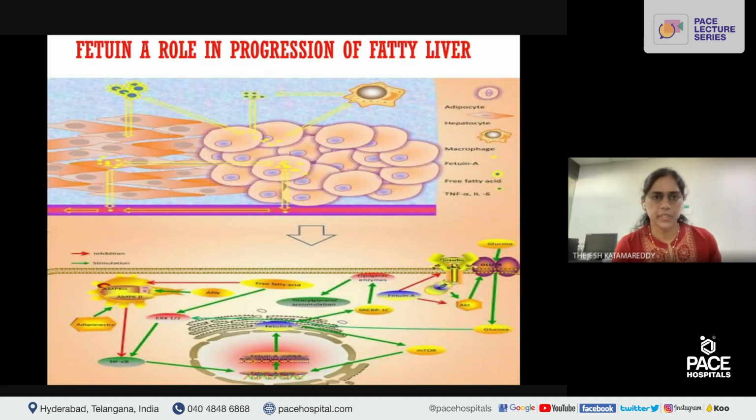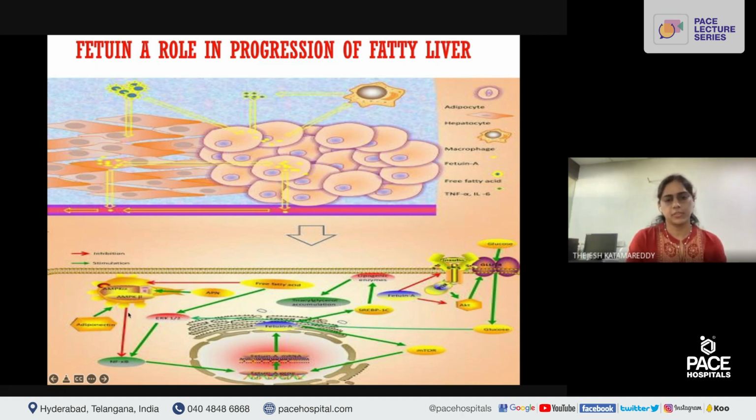Then, how is fetuin A causing fatty liver? Whenever there is insulin resistance, fetuin A is released into the circulation and it further increases the insulin resistance. Free fatty acids decrease the production of AMP kinases.